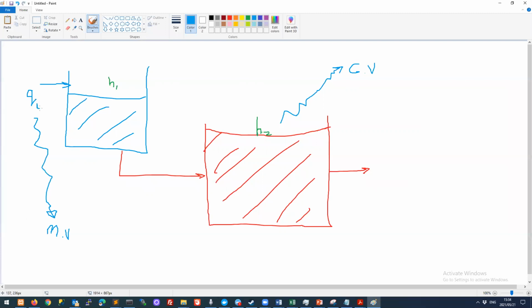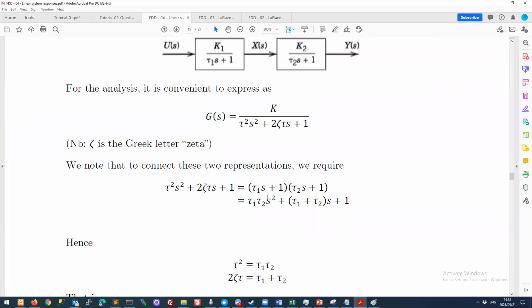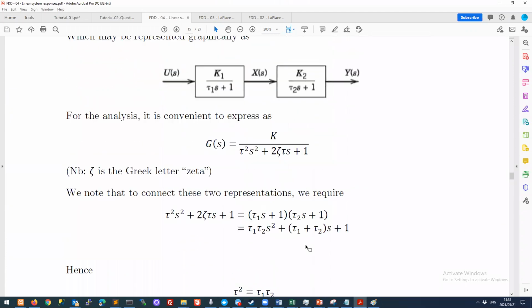I should have said q naught. In the notes, we actually use q naught instead of q1. So that's q naught. So now we can try different functions here. We can use steps and ramps and sine waves and all that kind of stuff. And so we won't do it in as much detail now, but you can go ahead and apply those functions, and then you can see how the system responds.